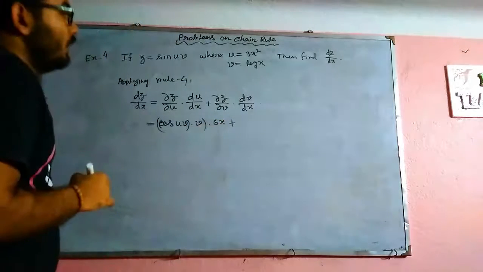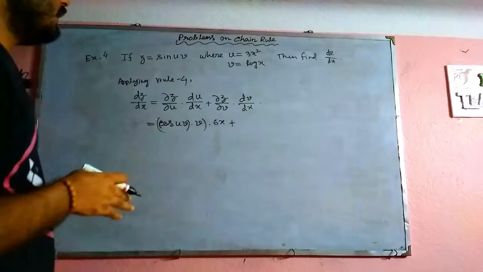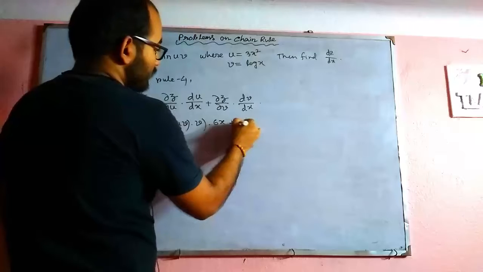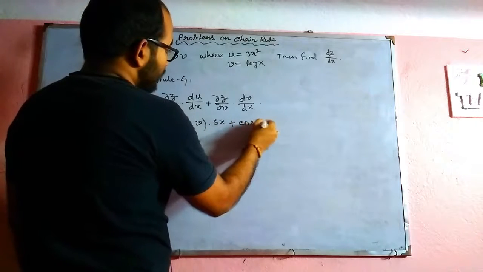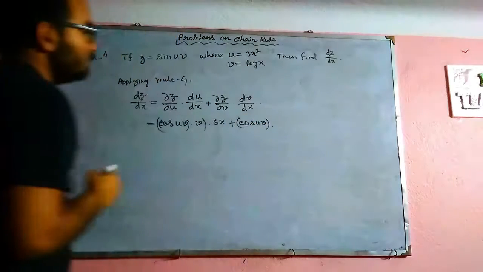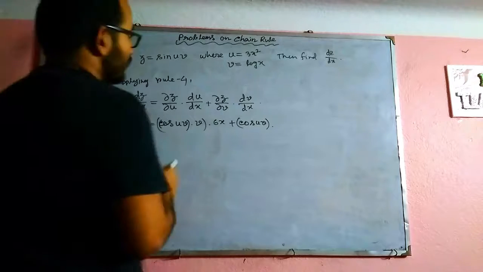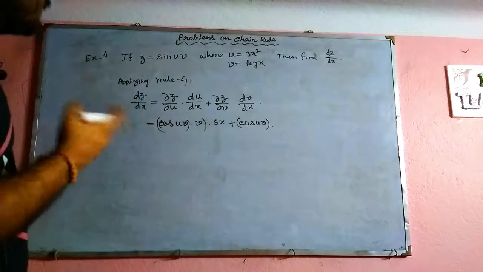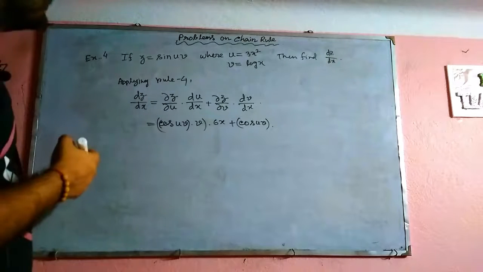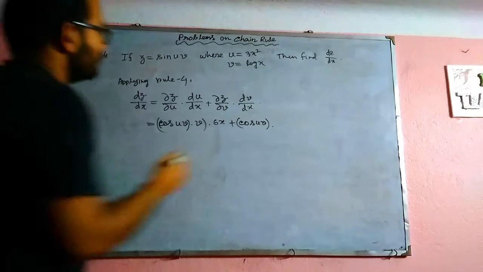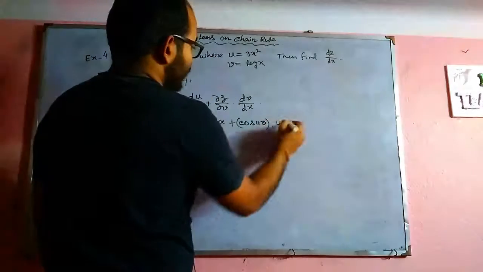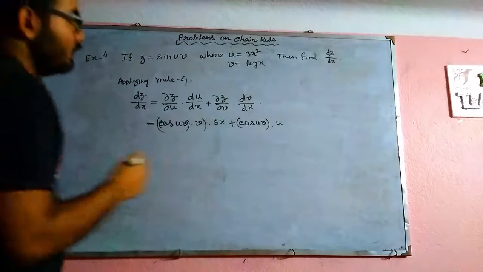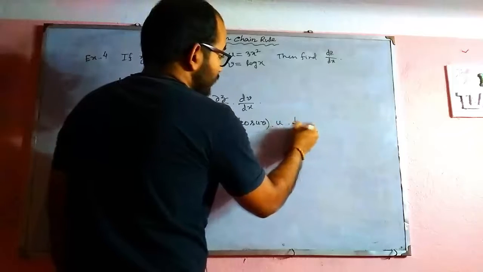Now we have to partially differentiate z with respect to v, so that is cos uv into, we have to partially differentiate uv, so u, and what is dv dx? 1 by x.